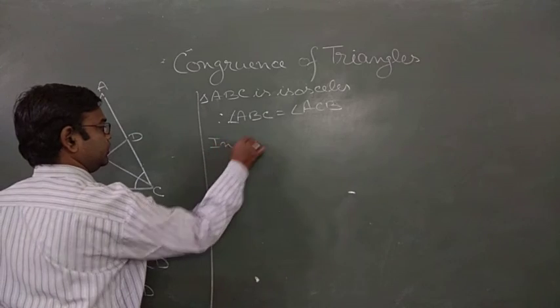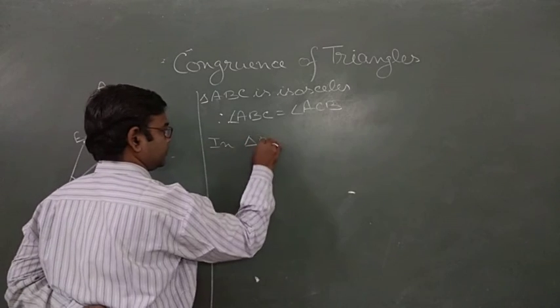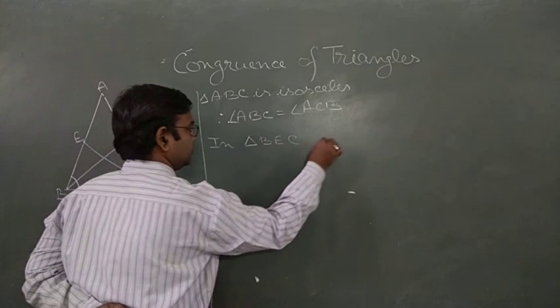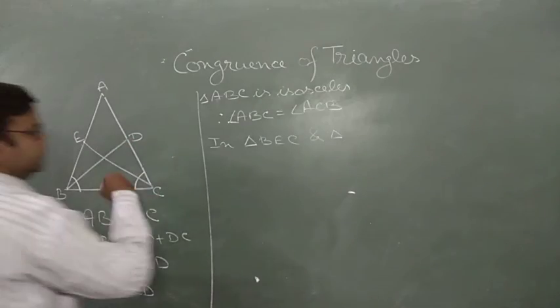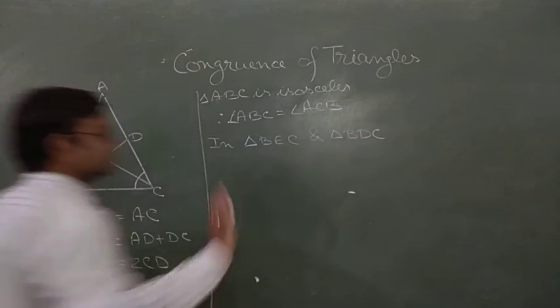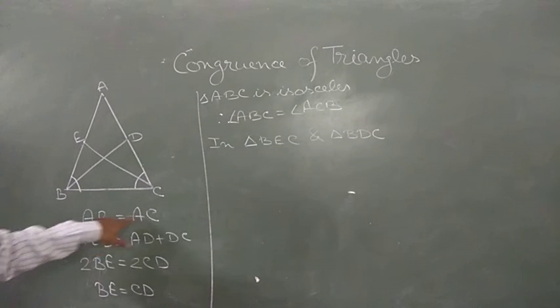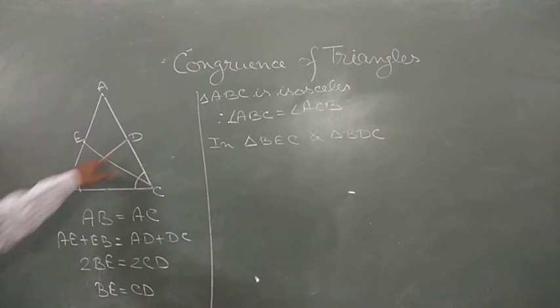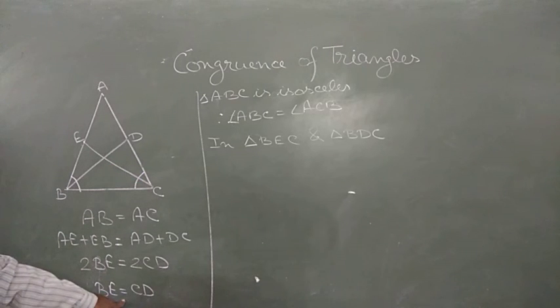Now in triangle BEC and in triangle BDC, first we try to find the things required. As we know that AB equals AC and these two are medians, it means these two sides are equal to each other. We proved this one over here.